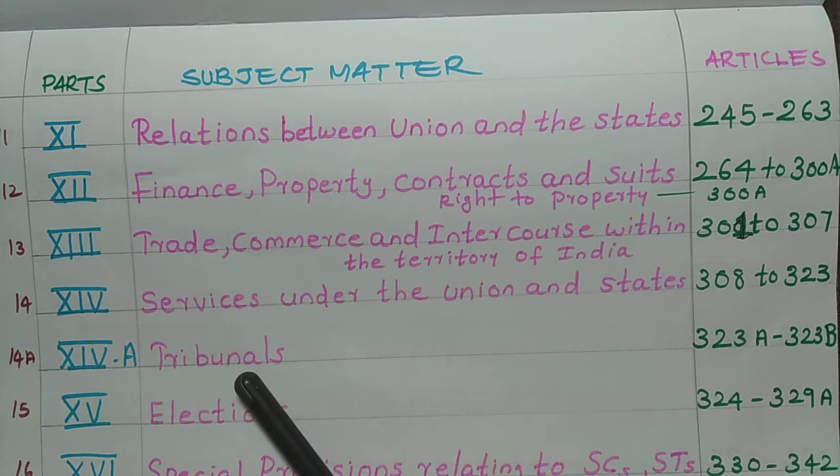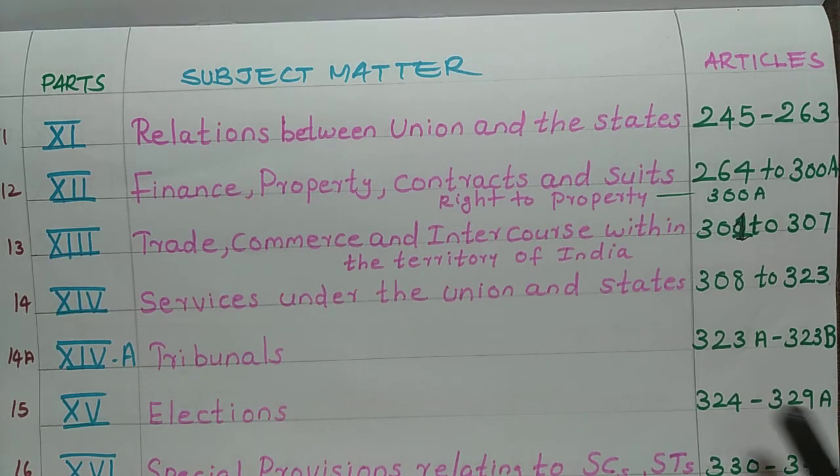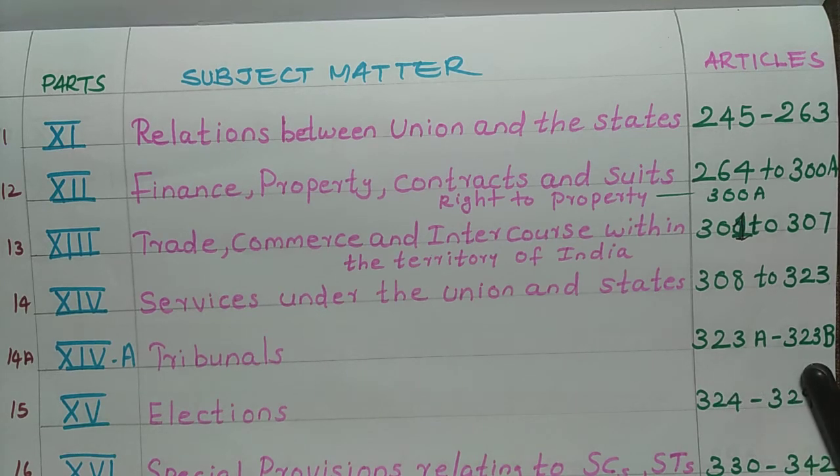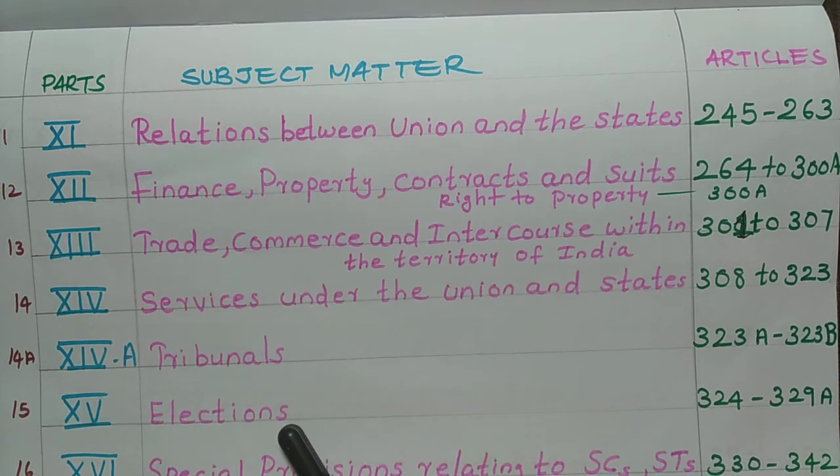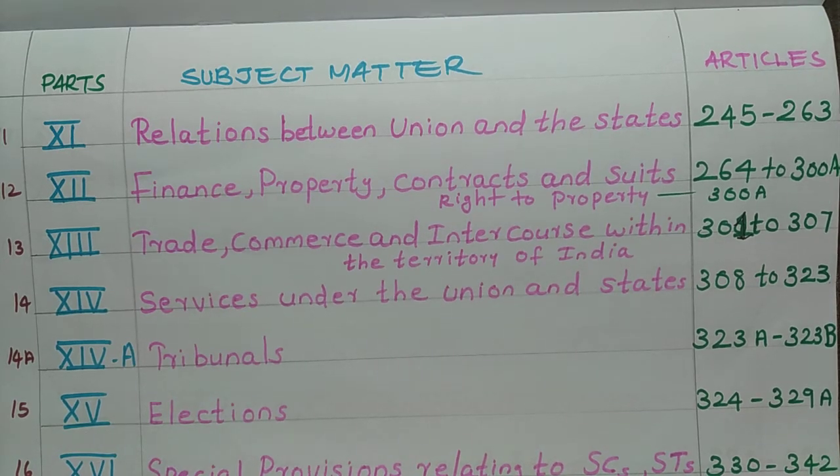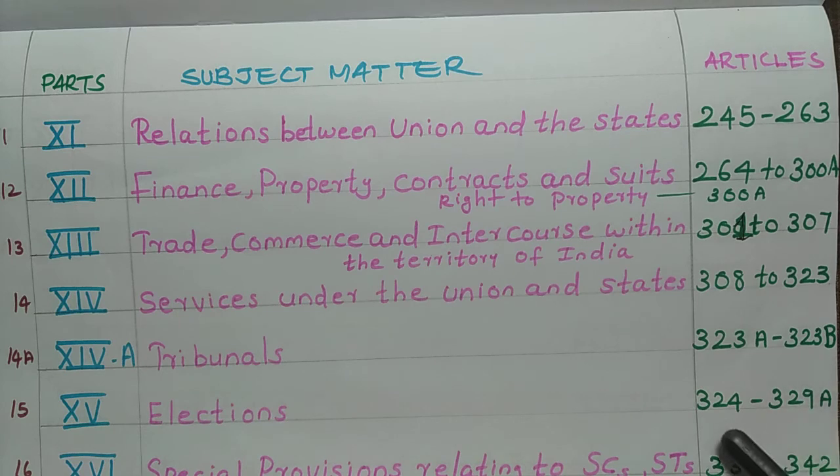It includes tribunals, and the related articles are 323A to 323B. Next one is Part 15. It consists of elections, and the related articles are 324 to 329A.